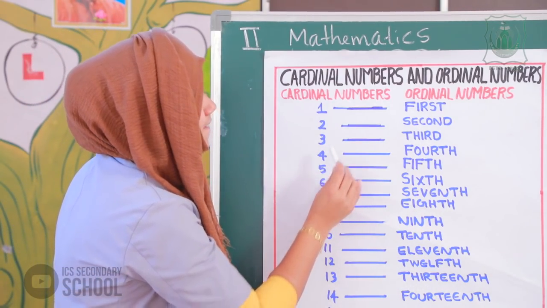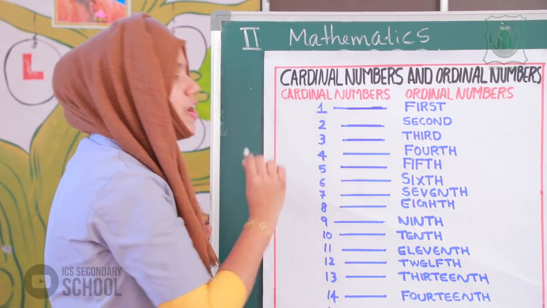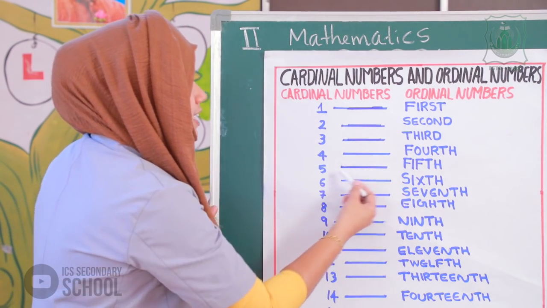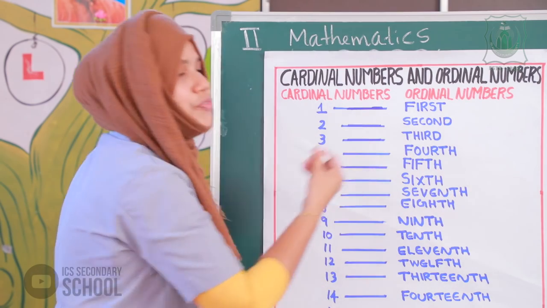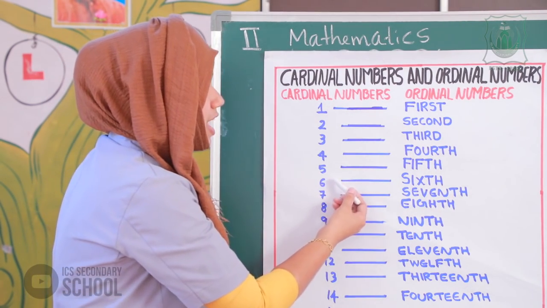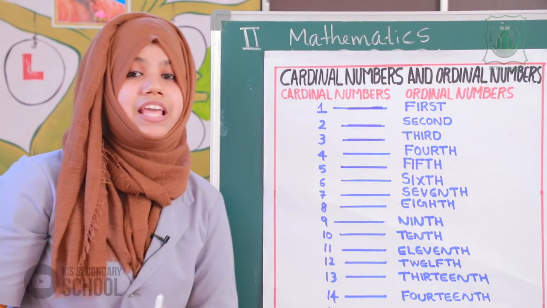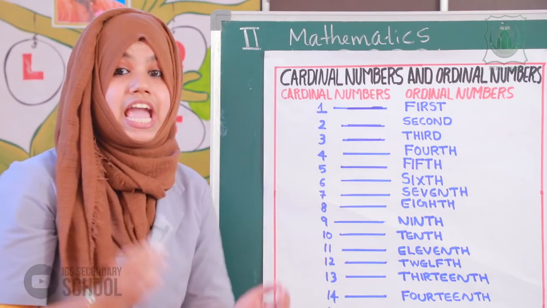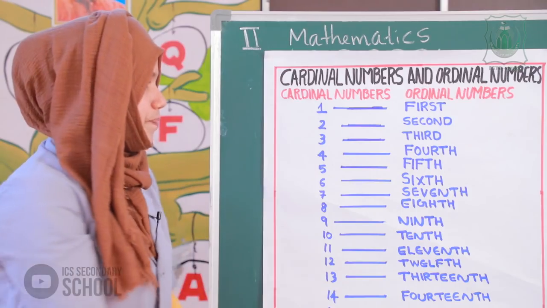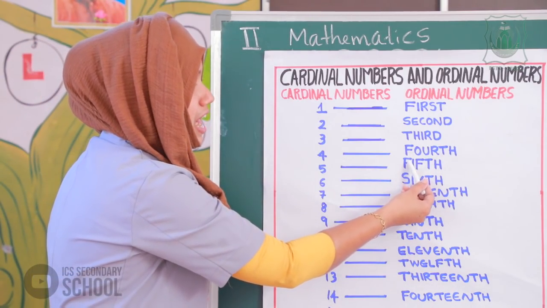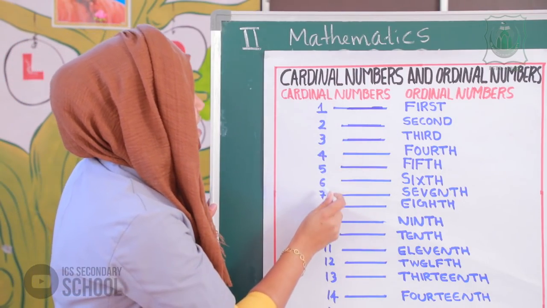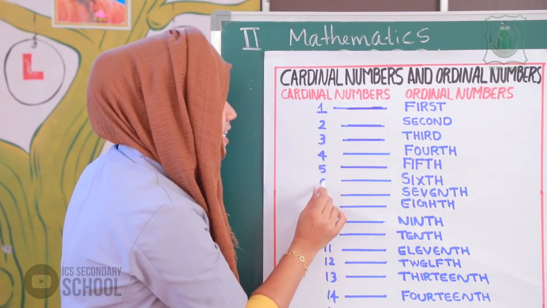And 5, the cardinal number is 5. And what is the spelling of the ordinal number? Yes, 5 is fifth. What is the spelling of fifth? F-I-F-T-H.